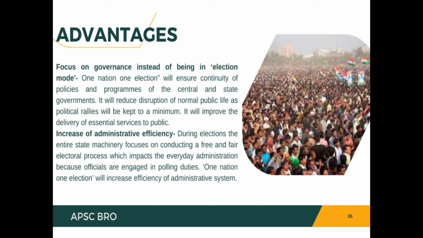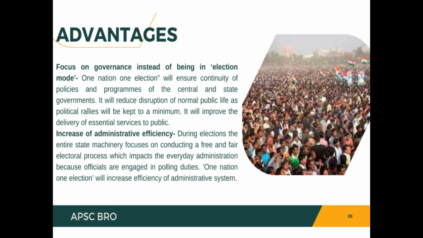Second thing, whenever there is an election coming up in any state, the ruling party takes part in that. So the big leaders who are also ministers of the government take part in the campaigns, the election rallies and other things. So one nation and one election will ensure that the continuity of the programs of the state and central government takes place throughout the year.